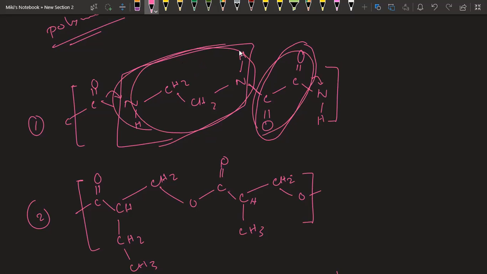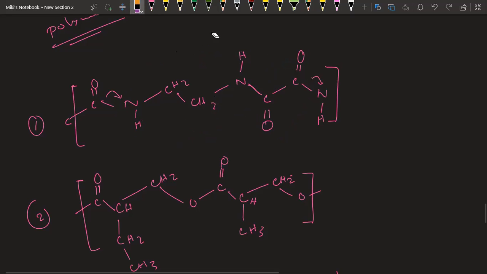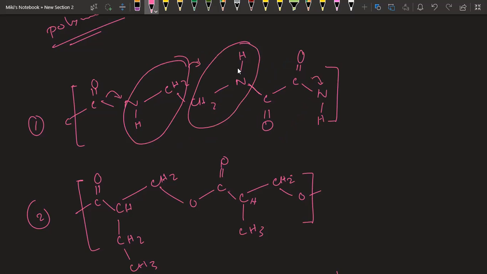They can continuously repeat one after another. They can follow the same pattern. If I follow this one only, then after this one, we should have this over here. And after this NHCH2, we should have a C double bond O.